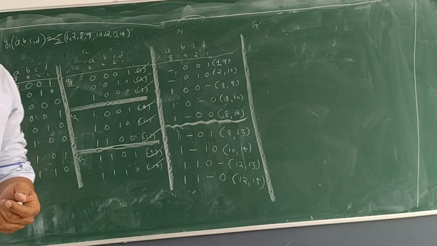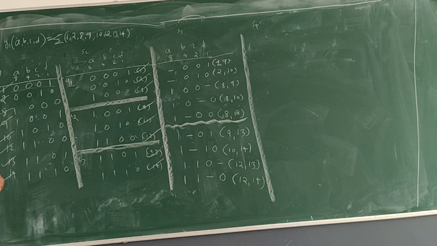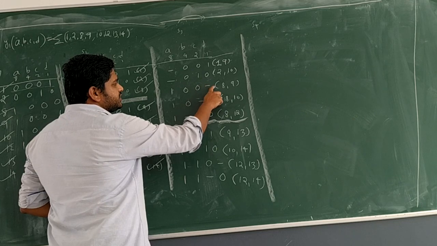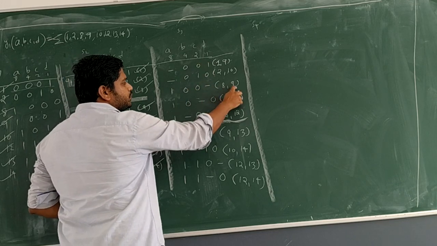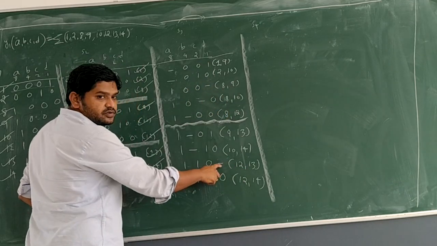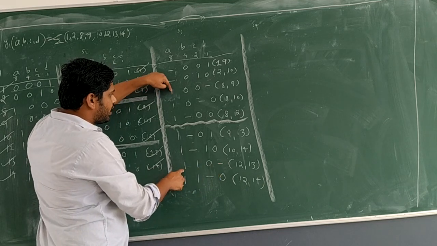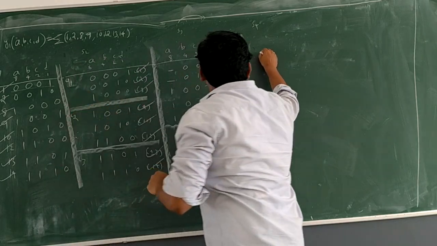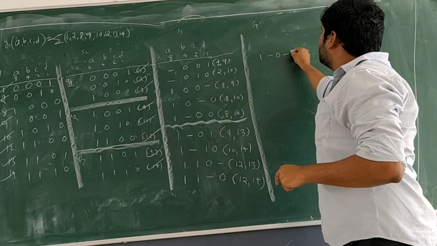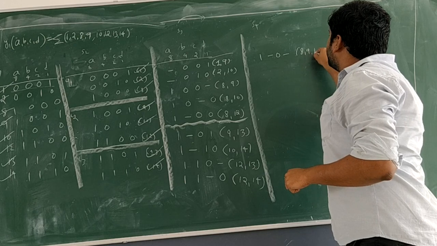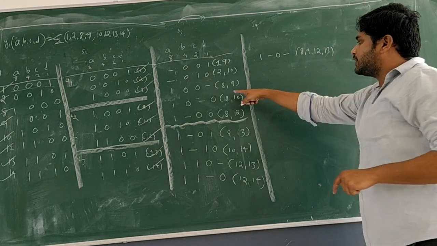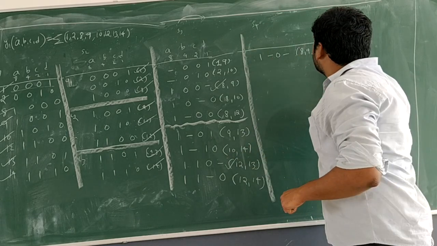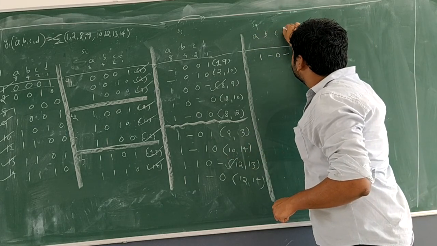The hyphen is in D for the group 8, 9 and also for 12, 13, hence we get 1, hyphen, 0, hyphen, group 8, 9, 12, 13. Put a pass mark for it. 12, 13: I forgot to write the top, A, B, C, D.